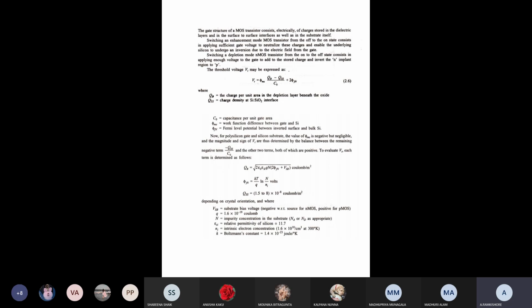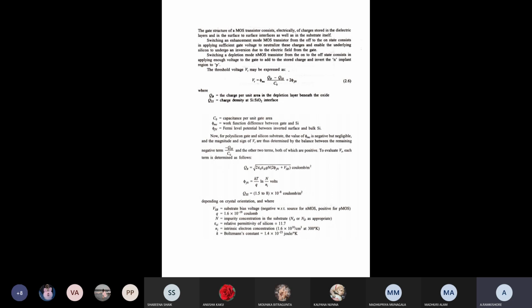In case of depletion mode, from the on to off state, we already have the channel. Applying enough voltage to the gate adds to the stored charge and inverts the unimplanted region to P. So here we are changing the regions from one state to another state.